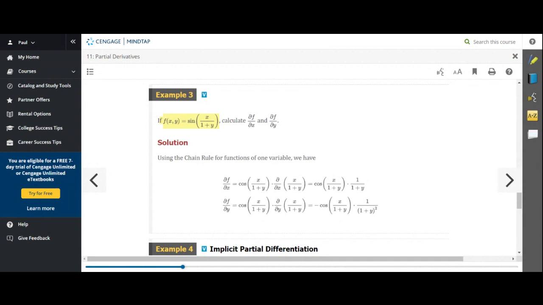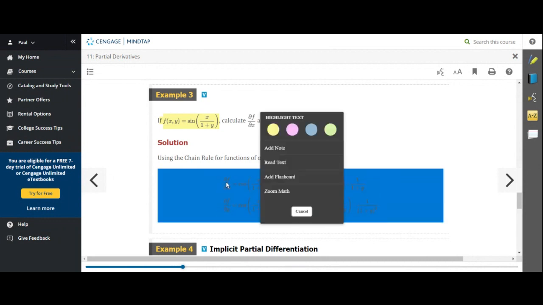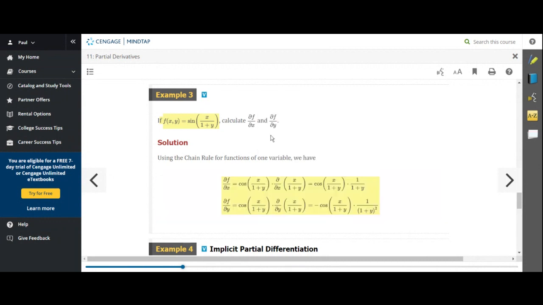This is a little bit more interesting function, right? So let's take a look at these partial derivatives.